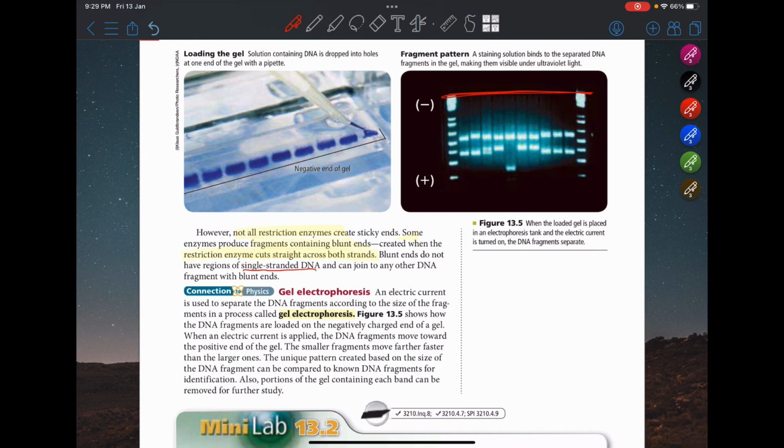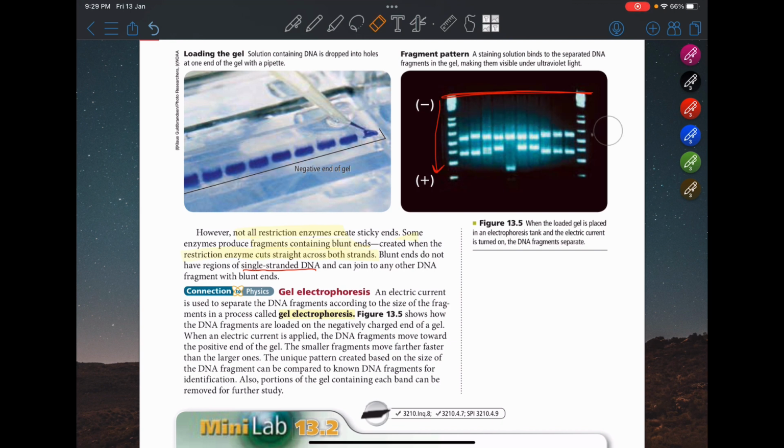And when we apply the electric current, the DNA fragments move towards the positive end of the gel. So I enter the DNA into the negative side, and once I start the current, the DNA start going towards the positive side, right? We can see them running towards the positive side, or drifting towards the positive side. The smaller fragments move faster.